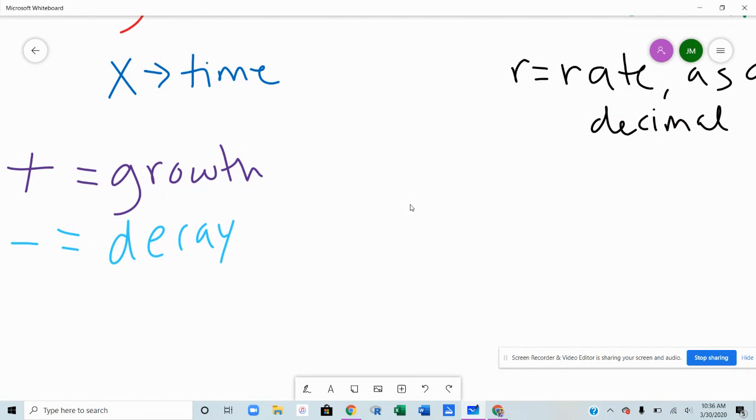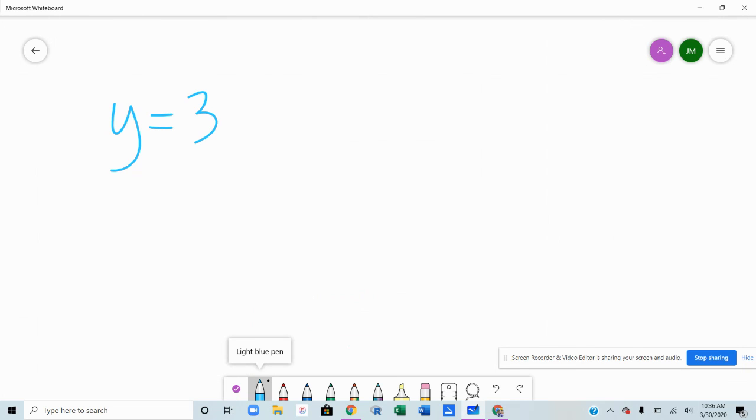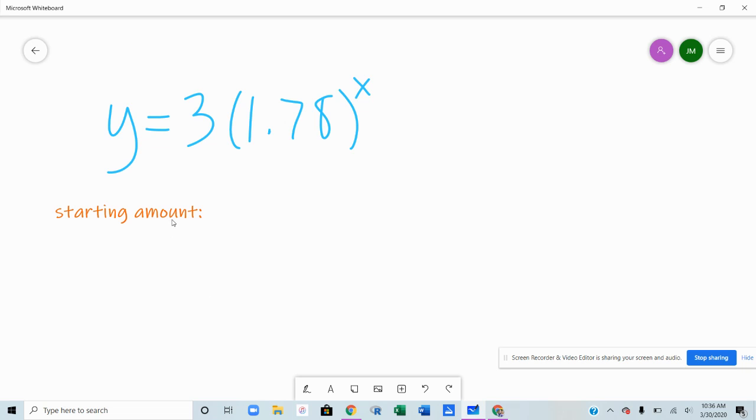Now, let's look at a couple of equations, and you should be able to answer some questions about that equation. So if I have the equation y equals 3 times 1.78 to the power of x, first you should be able to answer very easily for me, what is the starting amount?